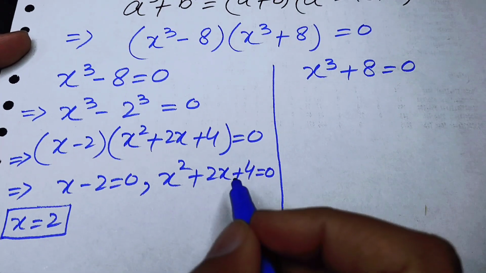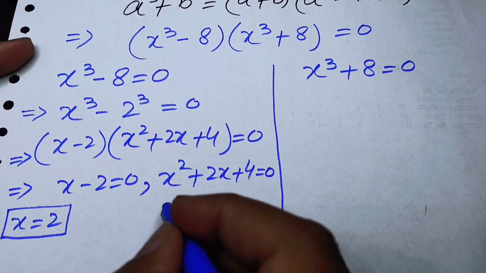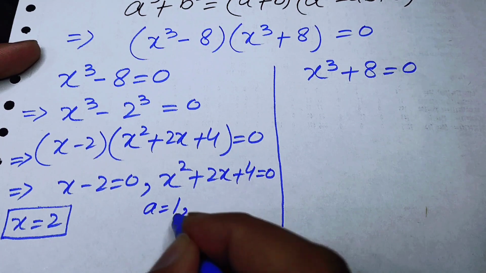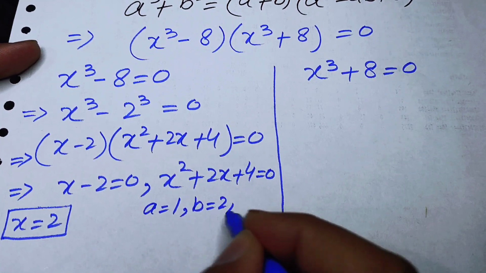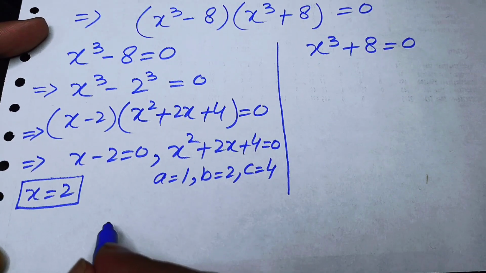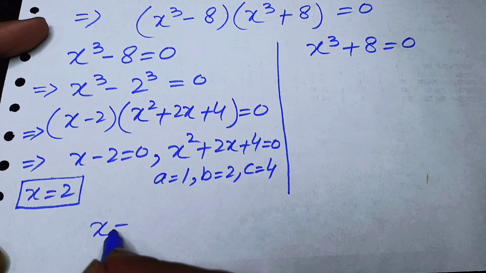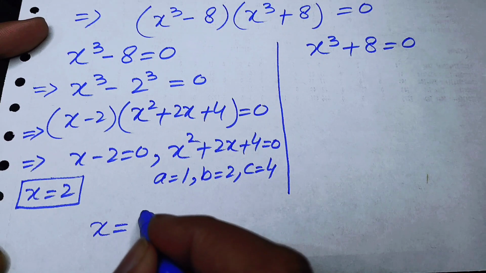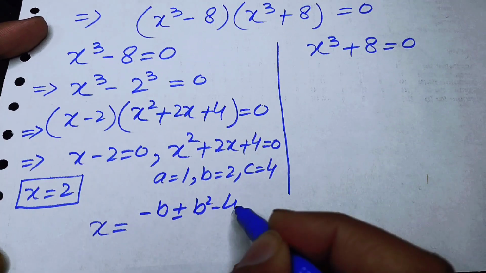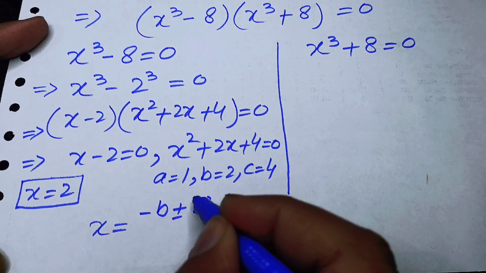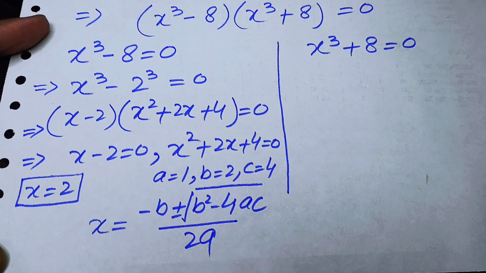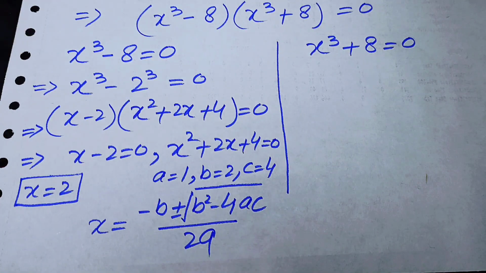And now in order to solve this expression, you can apply the quadratic formula. You know that if a is equal to 1, b is equal to 2 and c is equal to 4, then the quadratic formula is x equals minus b plus minus square root of b squared minus 4ac, over 2a. Now I will substitute all the values of a, b and c here.